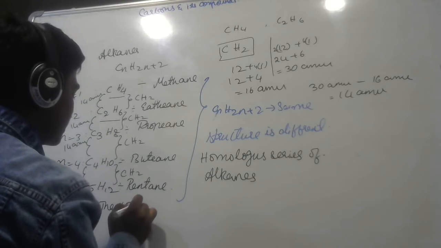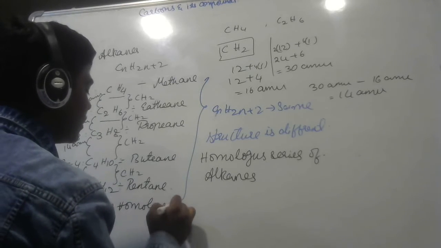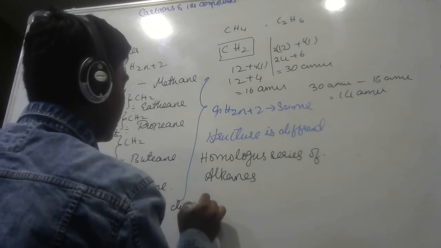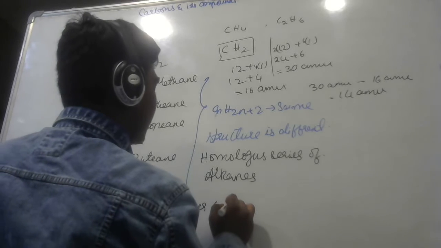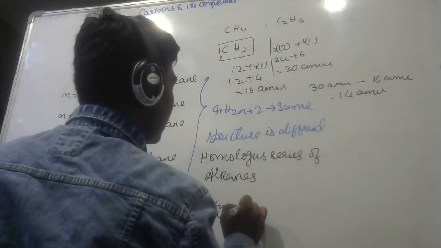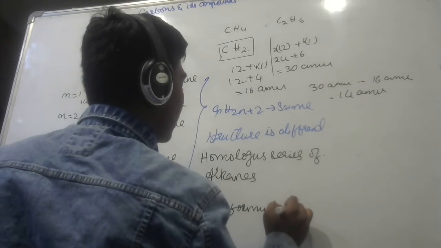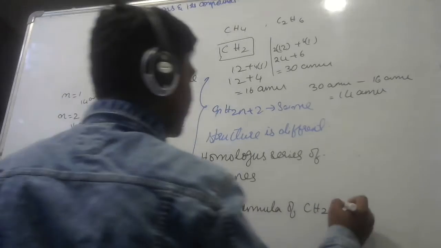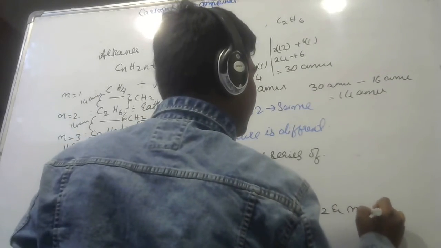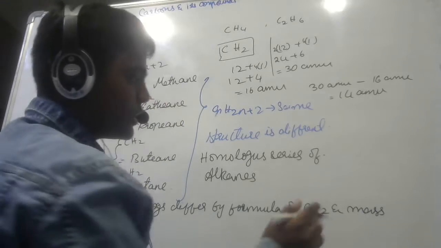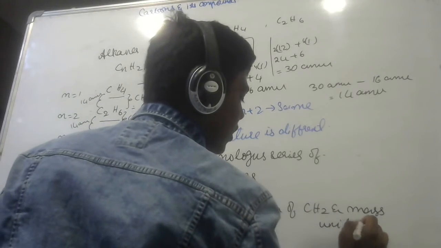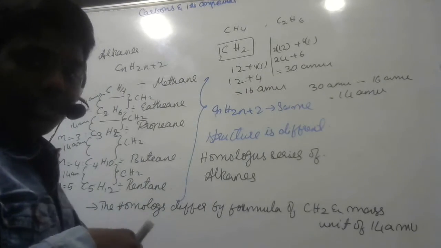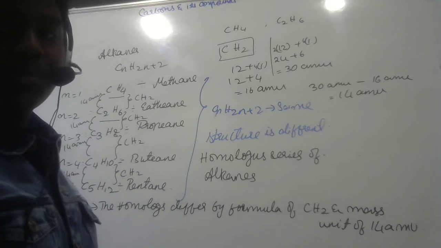The homologs differ by a formula of CH2 and a mass unit of 14 AMU.